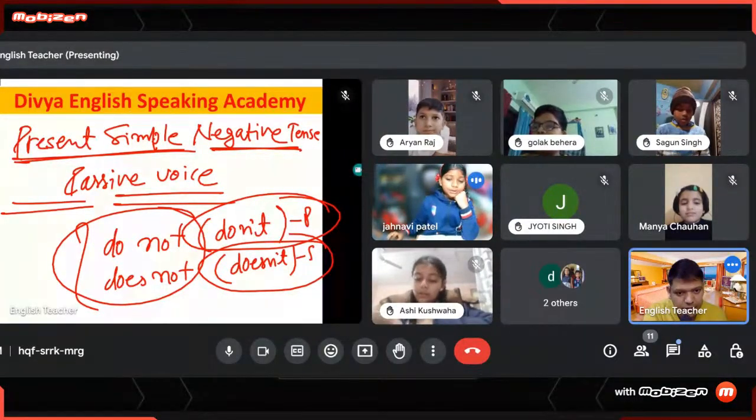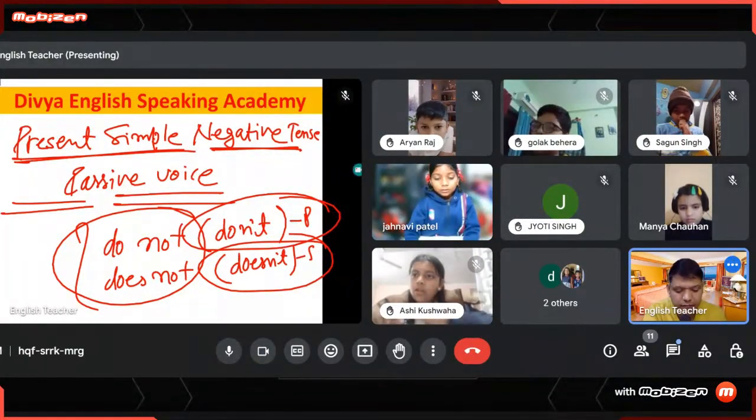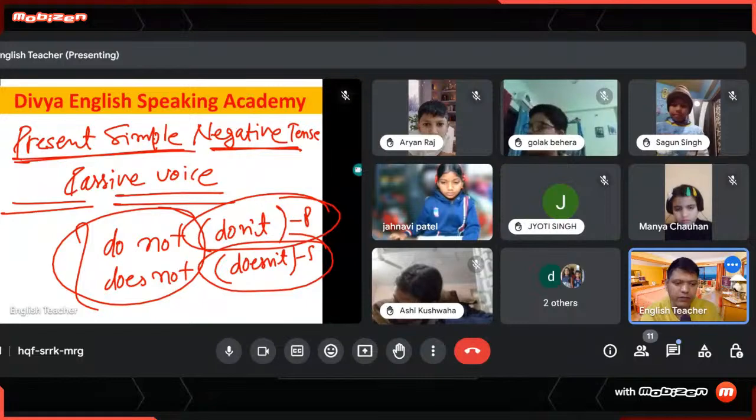Excuse me, sir. Janvi is telling she is not understanding. Yeah, Janvi, tell. Sir, I have one doubt. If we want to make a sentence in passive voice, so we have to use passive voice. Now I am not teaching passive voice. Firstly, understand. If you know the tenses, then you can make the passive voice. When I teach the passive voice, then you can ask.